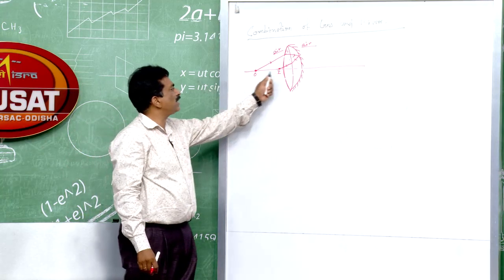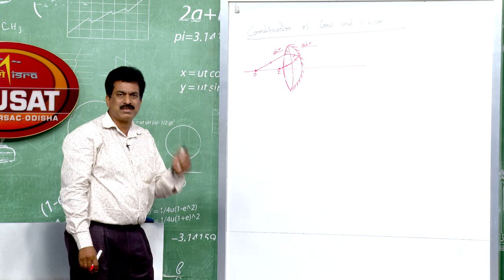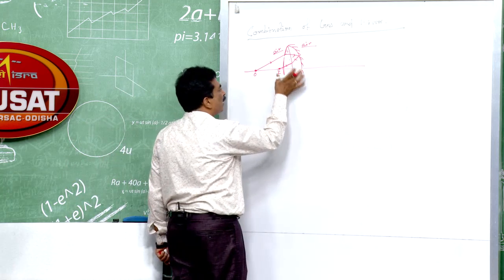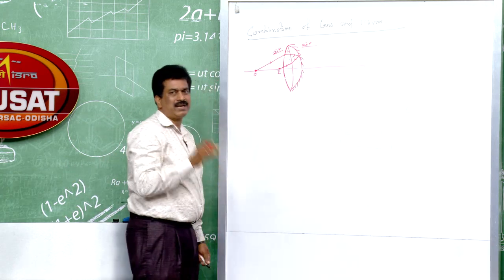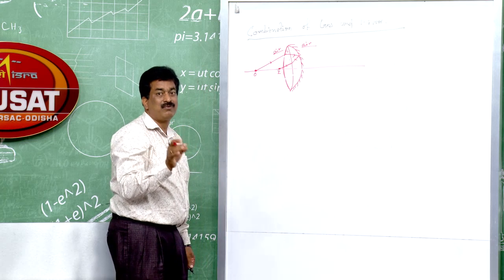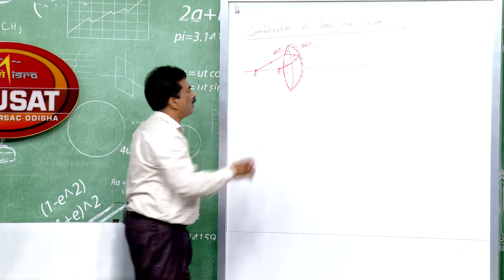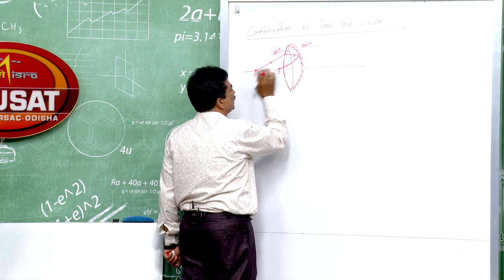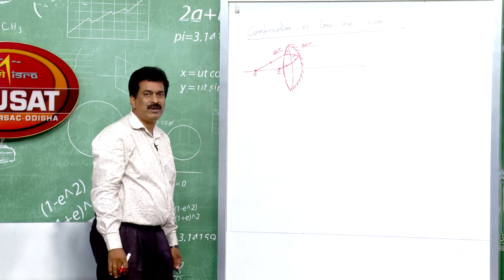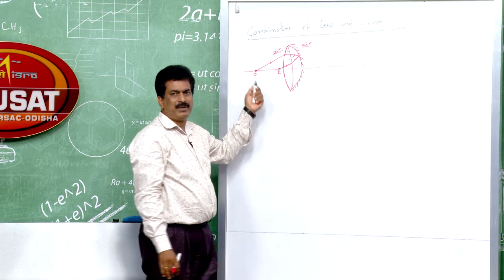When the object and the image are on the same side, the effective one which it is producing is nothing but the process of the mirror. Not the lens, but it is satisfying the process of the mirror. In case of the mirror, what will be the formula?